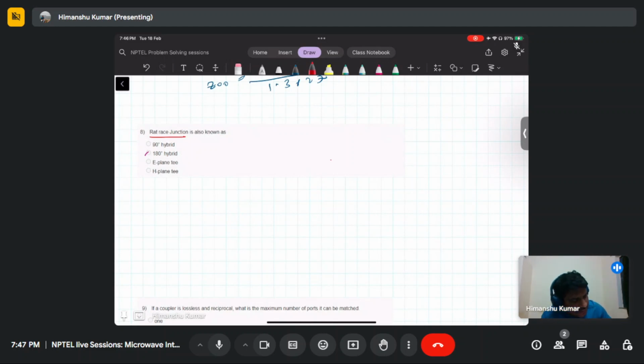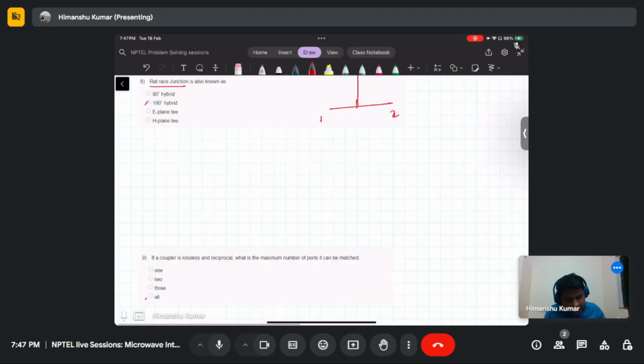Let's say there is a three-port junction. If you are feeding power at ports 1, 2 and 3, then ports 2 and 3 are phase shifted by 180 degrees. If you feed power to this, only one of the impedances can be matched. This is known as the 180-degree hybrid, where the phase shift between your output ports is 180 degrees.